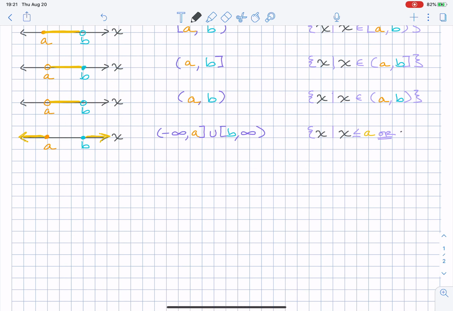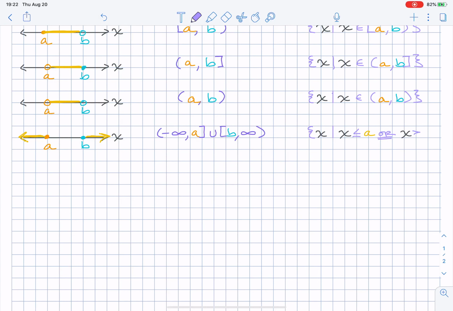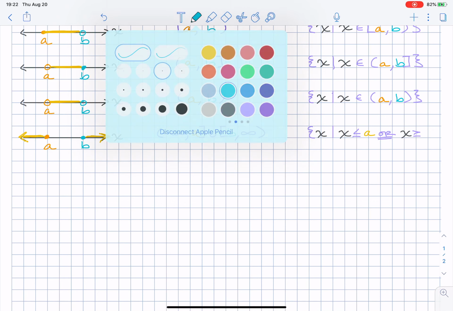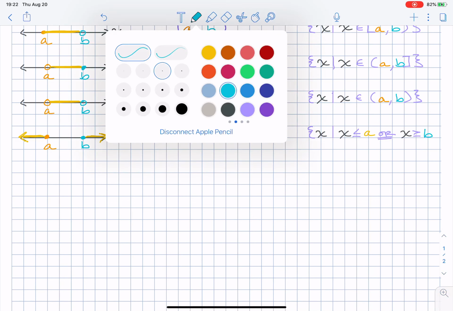Or x is greater than or equal to B, meaning pointing to the right of B. So greater than or equal to B. Here we go, B. So there we are.